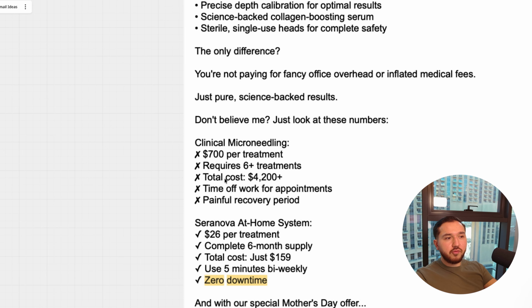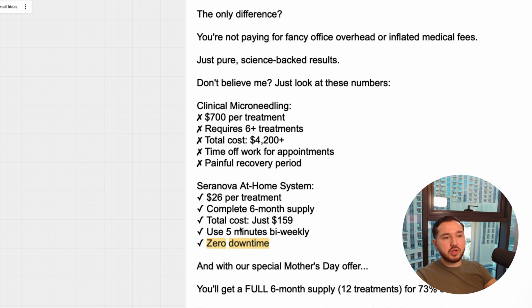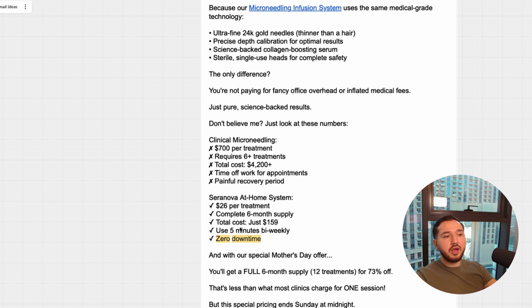The total cost for clinical microneedling is $4,200. With Serenova, only $159. For clinical microneedling, you have to take time off for appointments. With Serenova, you just use it 5 minutes bi-weekly. Then you have a painful recovery period with clinical microneedling, and with Serenova, you have 0 downtime.